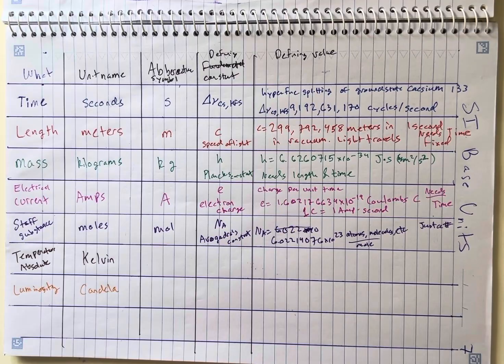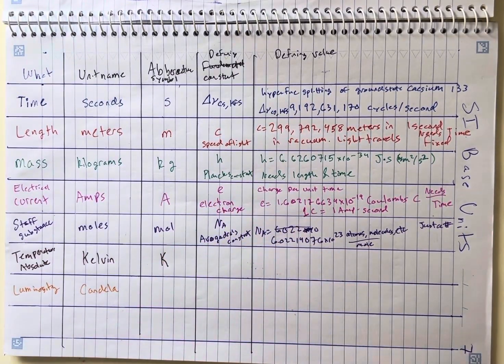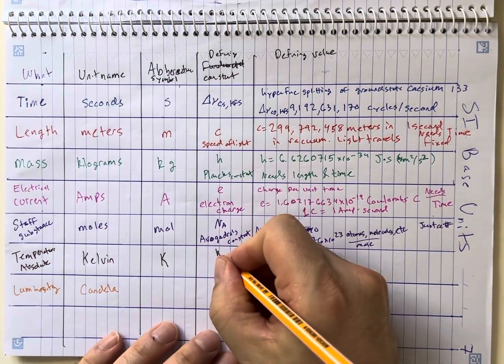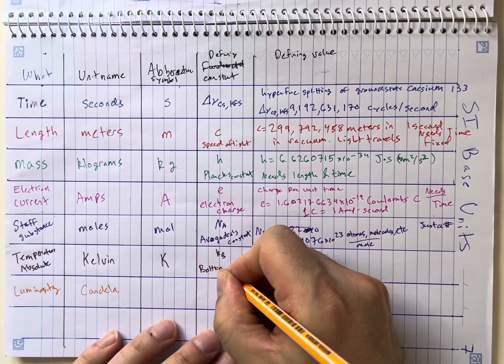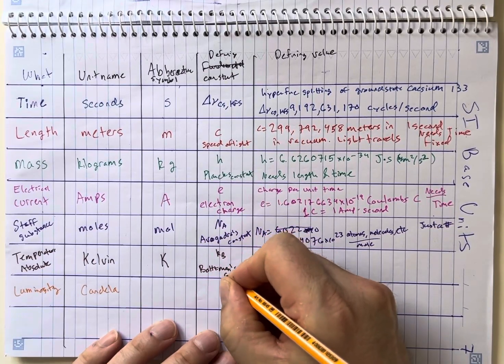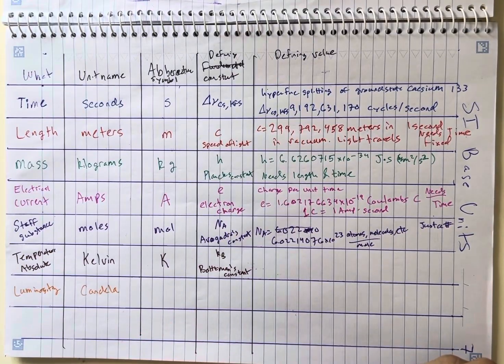Okay, then we've got temperature. Kelvin symbol is a capital K. And we define this in terms of kB, which is Boltzmann's constant. Notice how a lot of these are named after a person and they've got a constant.